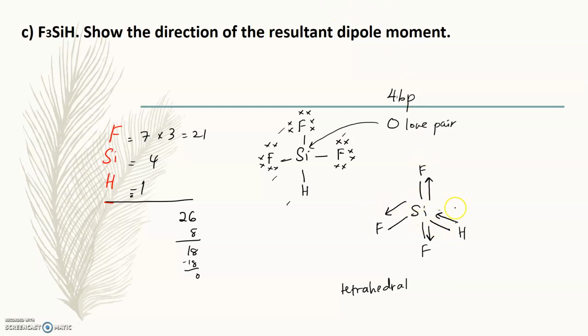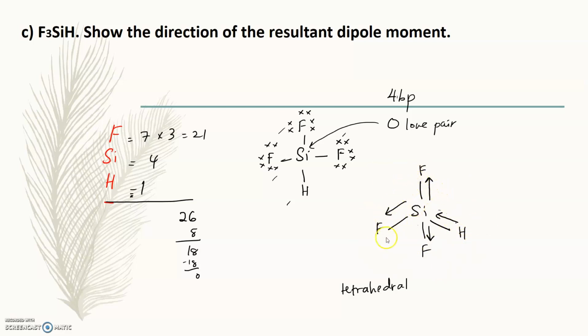Okay, kalau nak tengok polarity, the dipole moment can cancel or cannot cancel. The dipole moment will determine the polarity. So in this case, this molecule, the dipole moment cannot cancel each other.